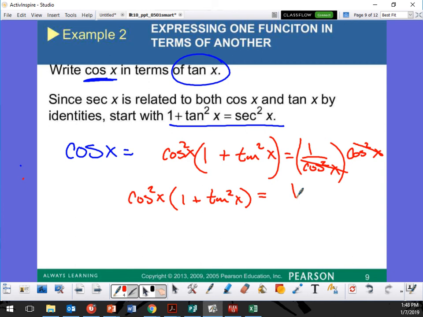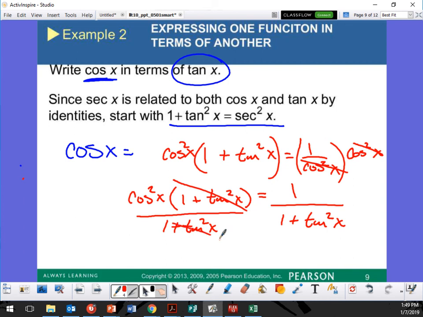That's why I put it in parentheses here. So I cancel these. I get cosine squared x is equal to 1 over 1 plus tangent squared x.